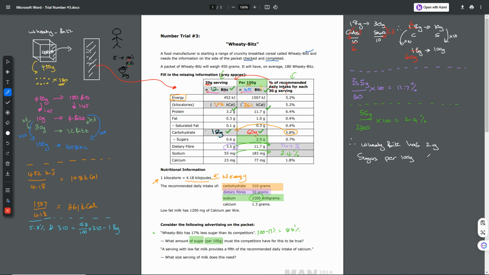All right, and 17% less means 83%. 17% less means that we have 83% sugar of competitors.